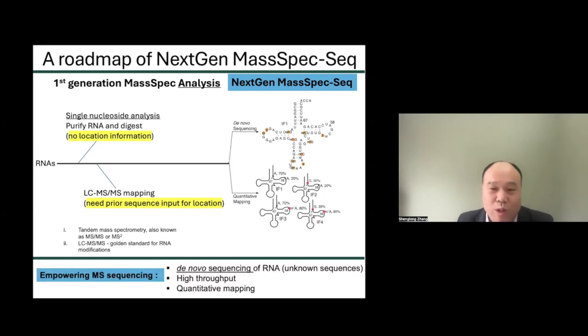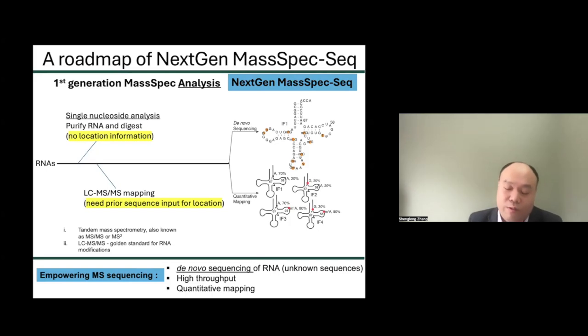From previous talks, you probably know mass spectrometry has been used to analyze RNA for decades, coupled with LC, and was considered the gold standard for RNA modification analysis. However, to use those methods, typically they have to digest RNA to single nucleosides, and they can't provide location information, or they need other methods to provide the sequence information.